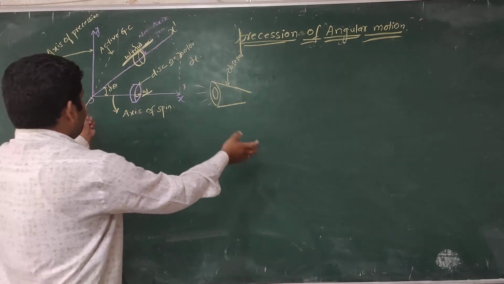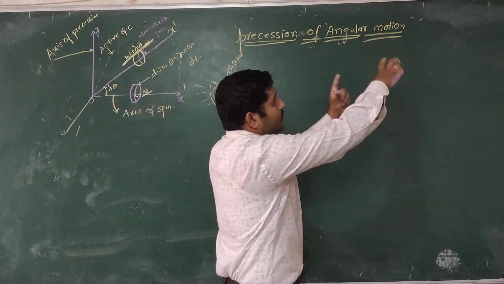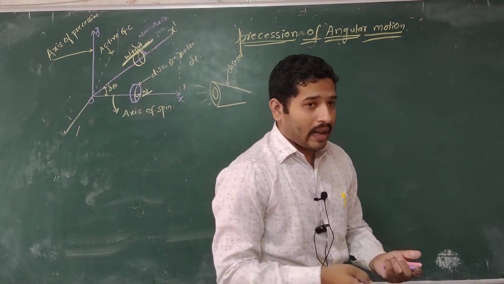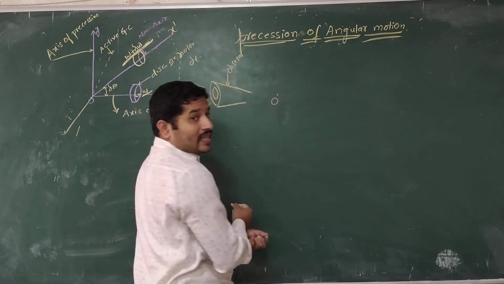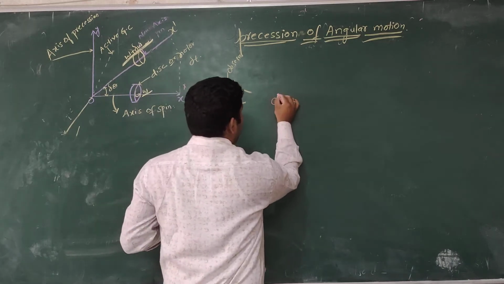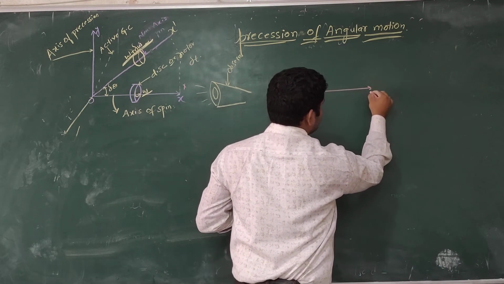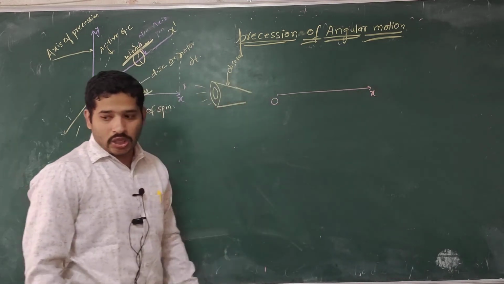Let us consider the same figure, represented by the vector diagram. O is the origin point, and it lies in the X direction.